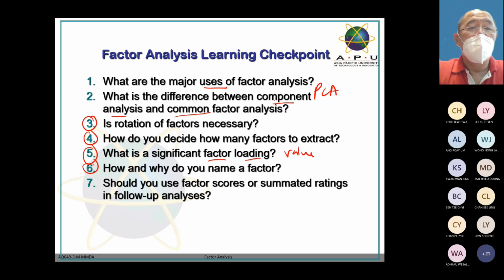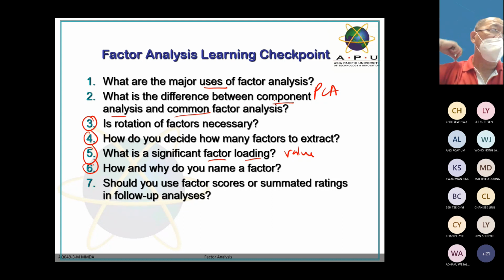Okay. Why do you name a factor? Because of course it is easier for interpretation and also understanding of the problem. If you put all the variables together, it's not easy for people to imagine the problem.